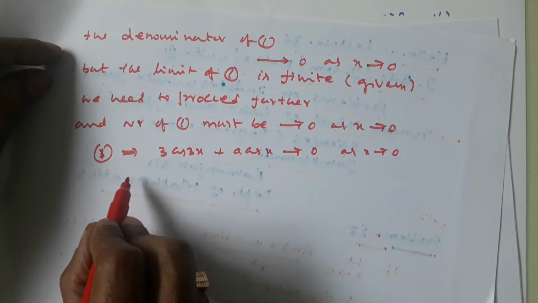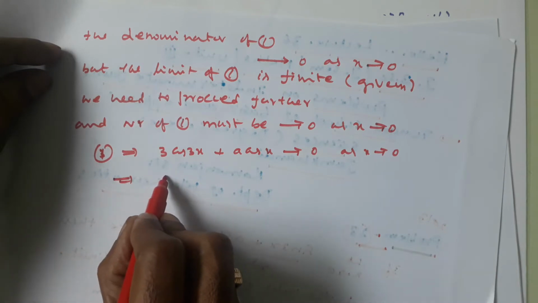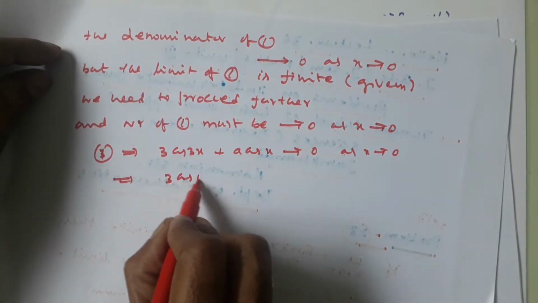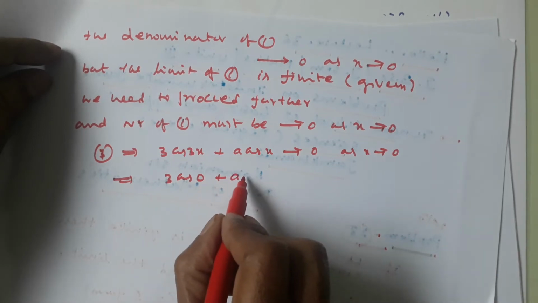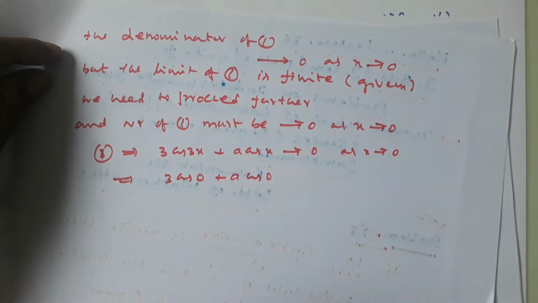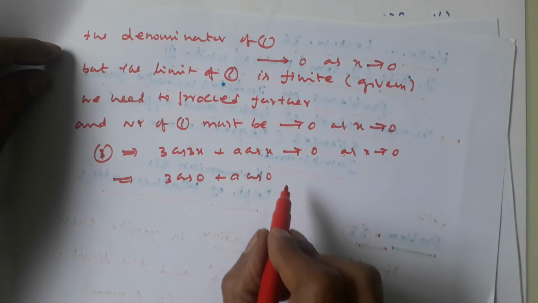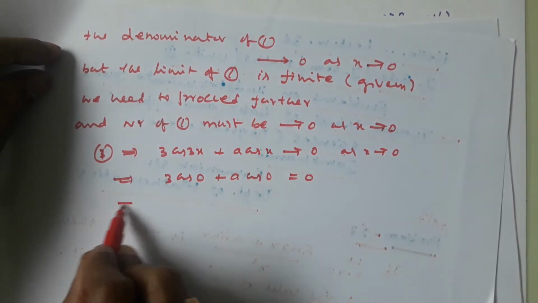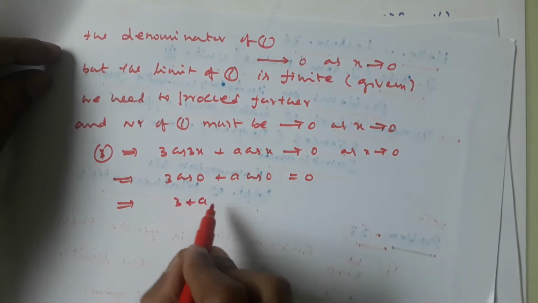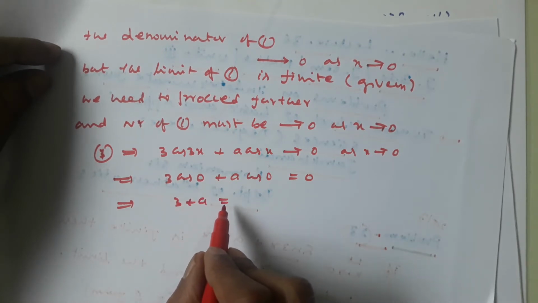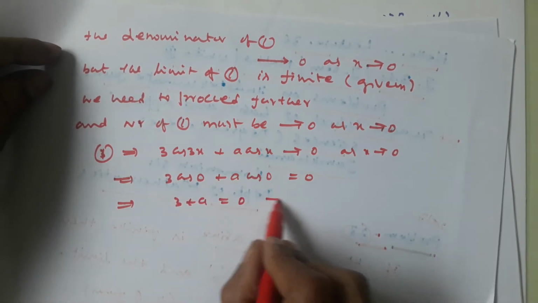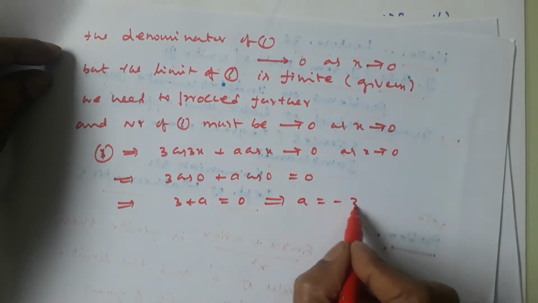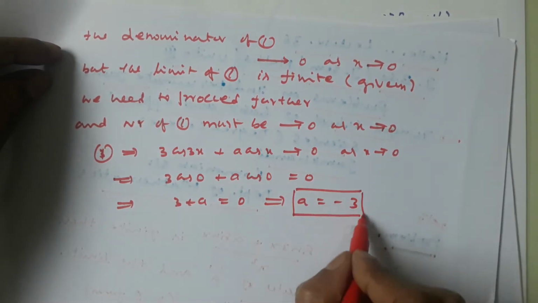This implies 3 into cos 0 plus a into cos 0 is equal to 0, so 3 plus a is equal to 0, which implies a is equal to minus 3. So the a value is now minus 3.